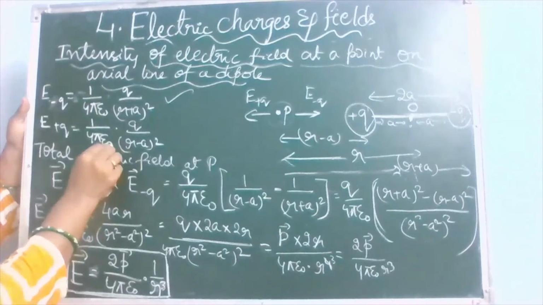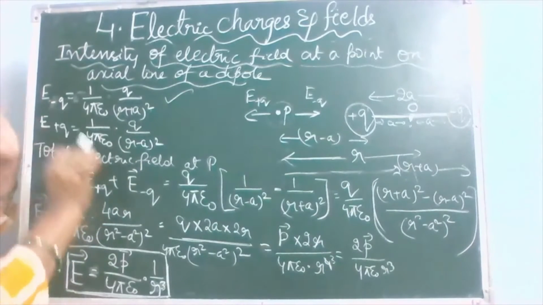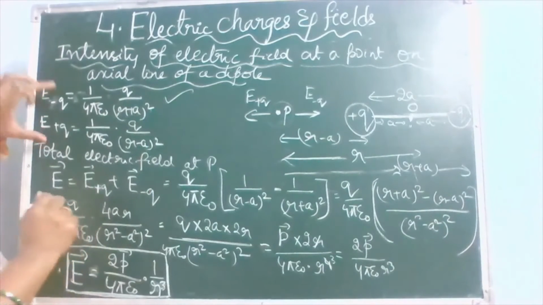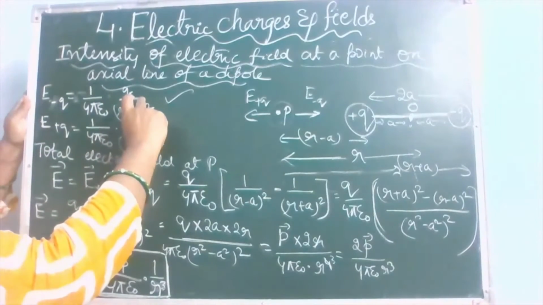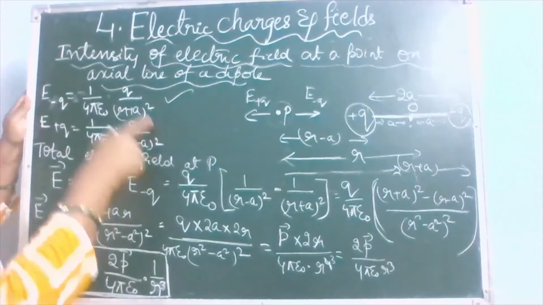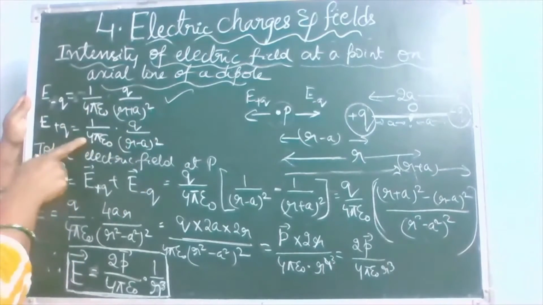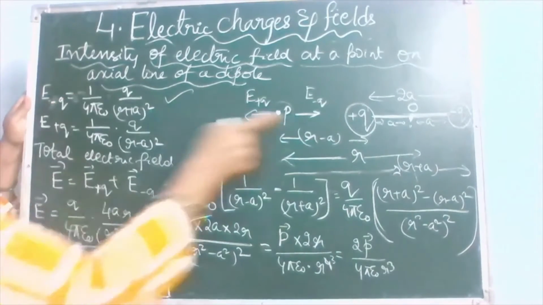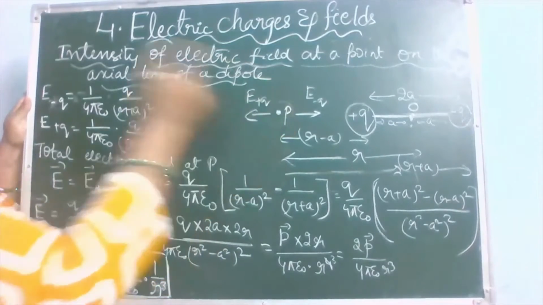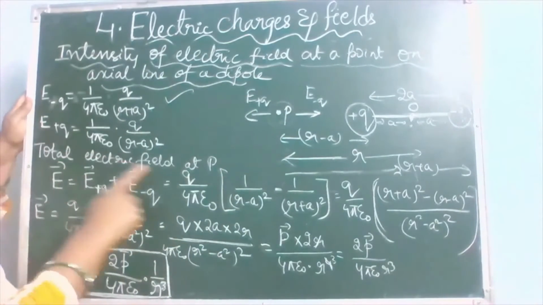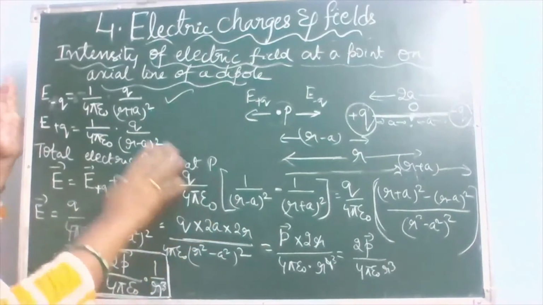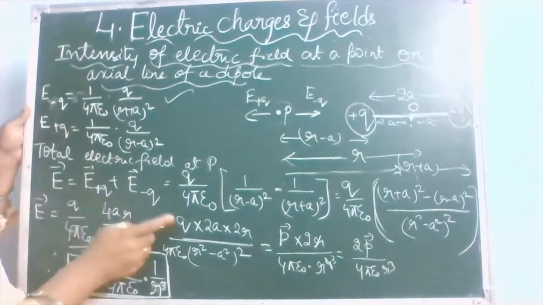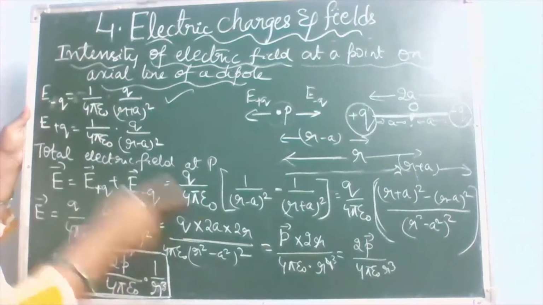So automatically the resultant will be the difference between these two. This one is more than this one. So this one minus this one is the resultant electric field at P. So q by 4 pi epsilon naught will be common to these two.